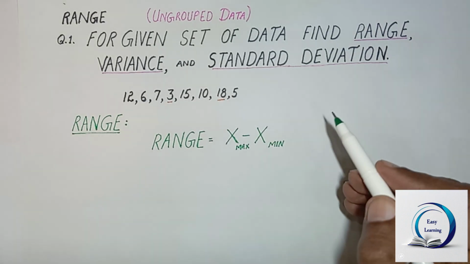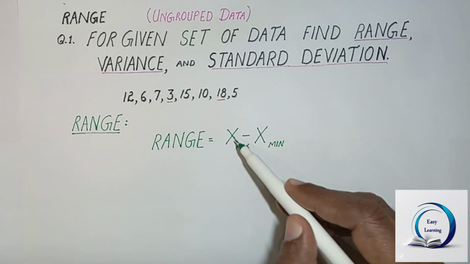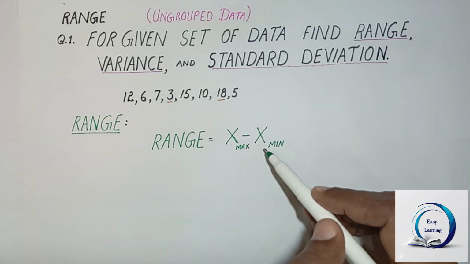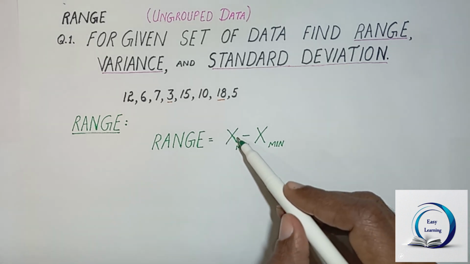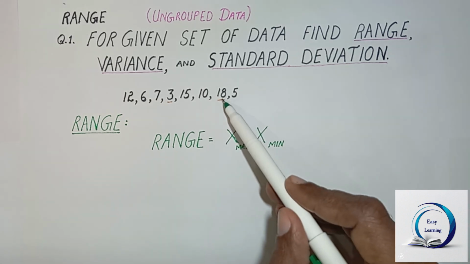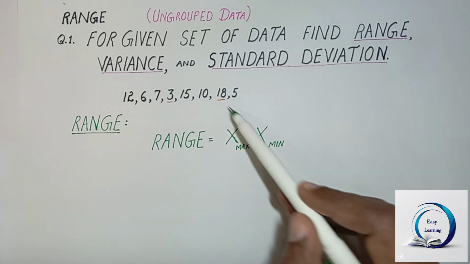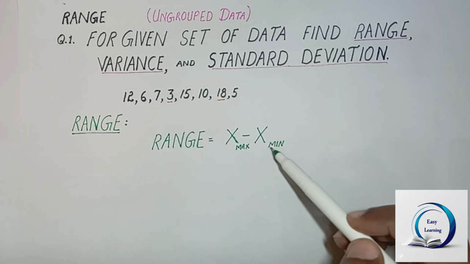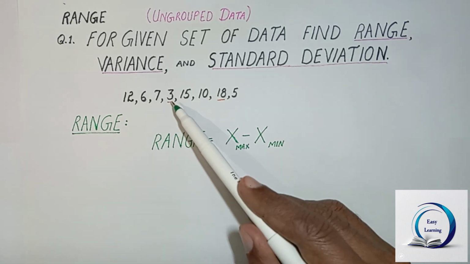To calculate the range, we have this formula: range equals x maximum minus x minimum. X maximum is the largest value in the data, which is 18, minus x minimum, the smallest value in the data, which is 3.